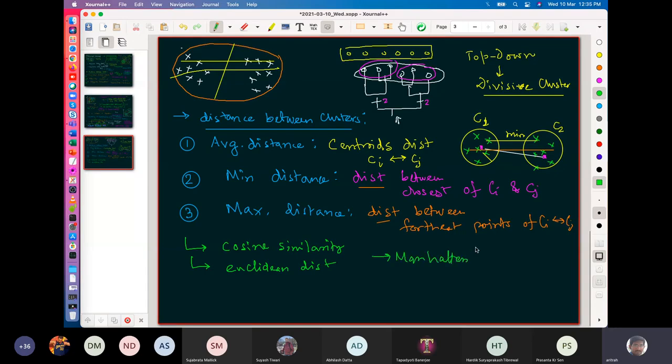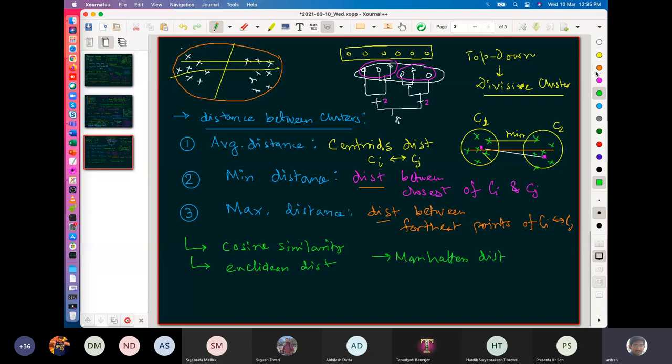All those distances we have already seen in which algorithm? K nearest neighbor, right? We can use all those distances unless and until they follow the three rules: symmetry, reflexivity, and triangle inequality. So this is the distance between points we can take, and these are the distances between clusters.